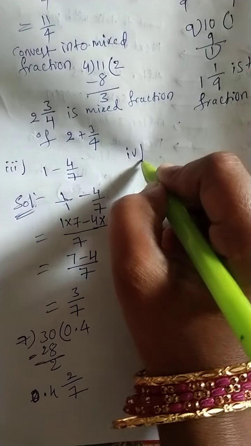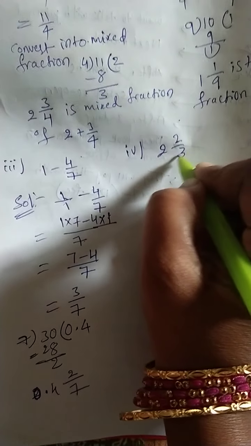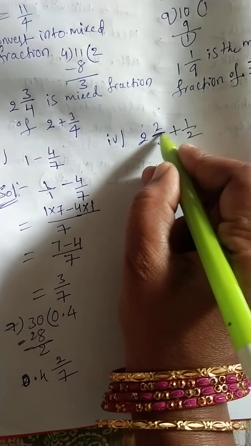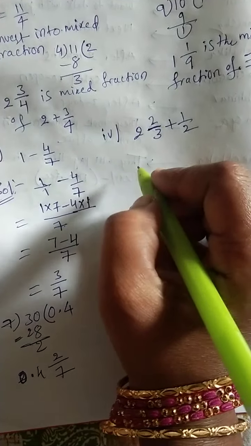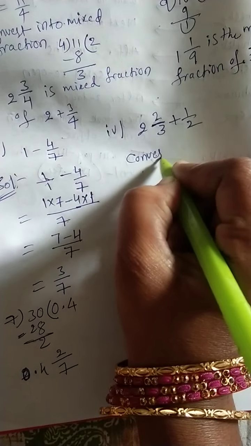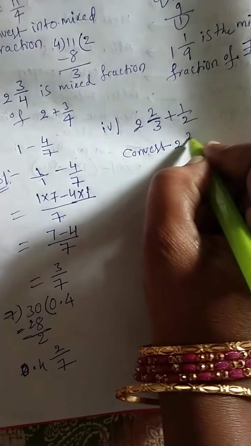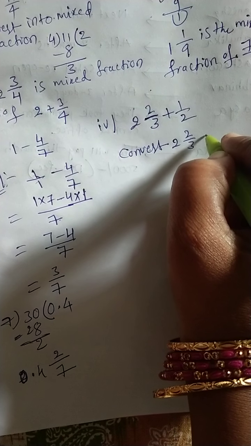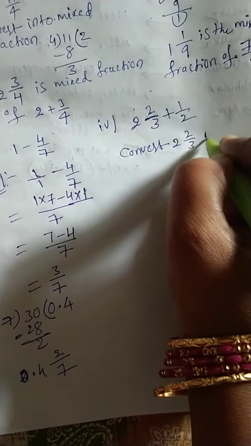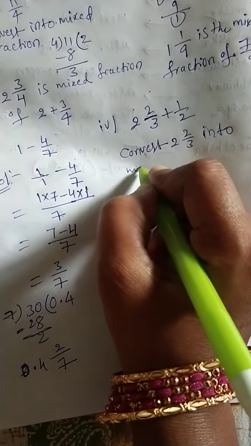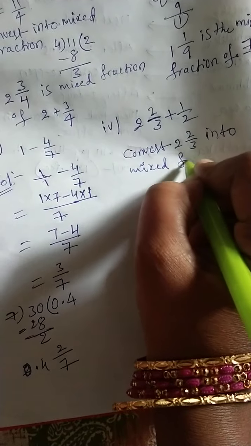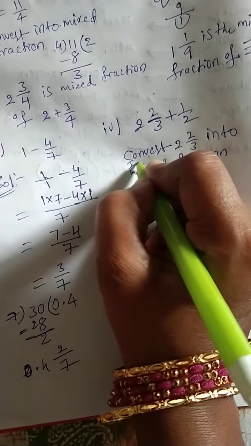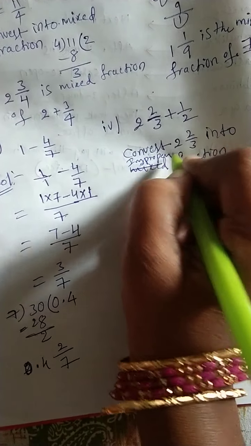Next, the fourth bit, 2 by 3 plus 1 by 2. First, this mixed fraction you can convert into an improper fraction. Convert 2 by 3 into an improper fraction.